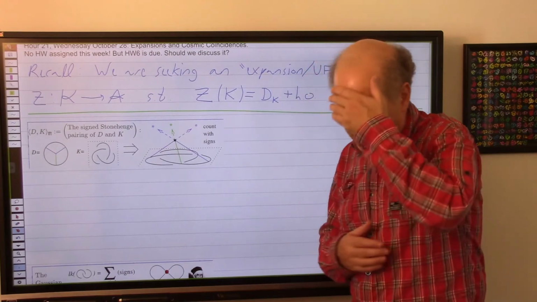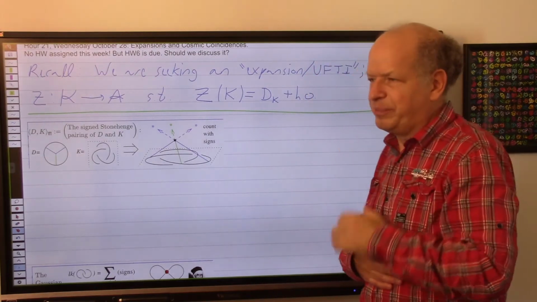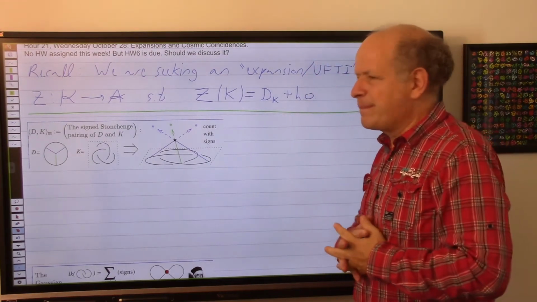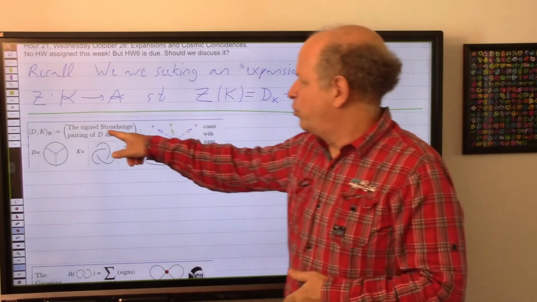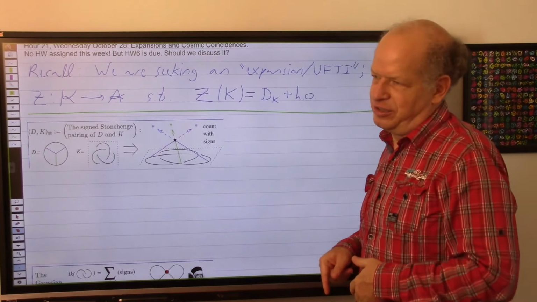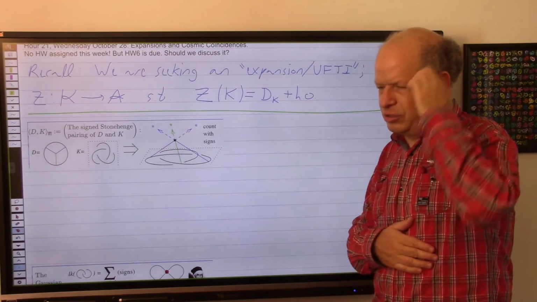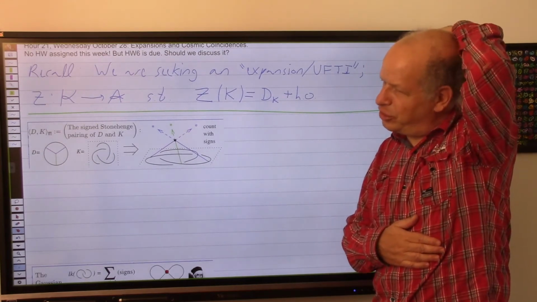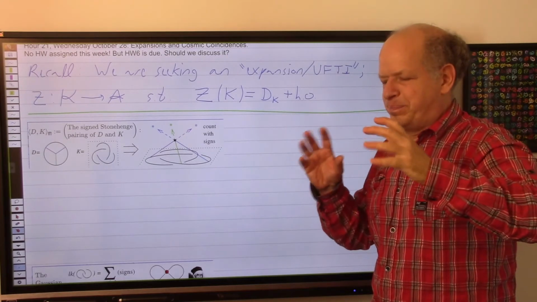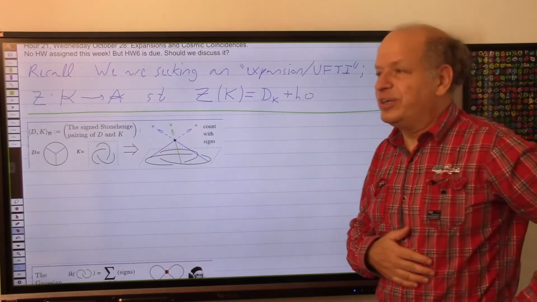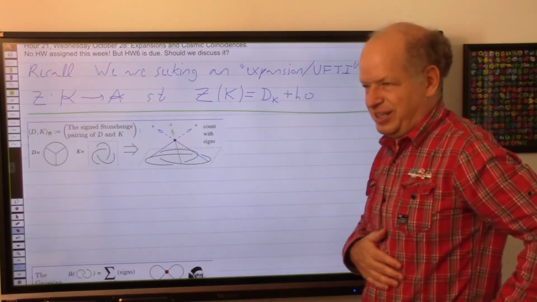So first of all, let's start from some philosophy. The word Stonehenge is mentioned here. Stonehenge has all sorts of cosmic coincidence properties. Okay?